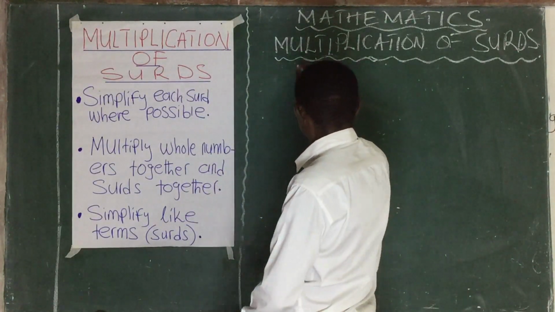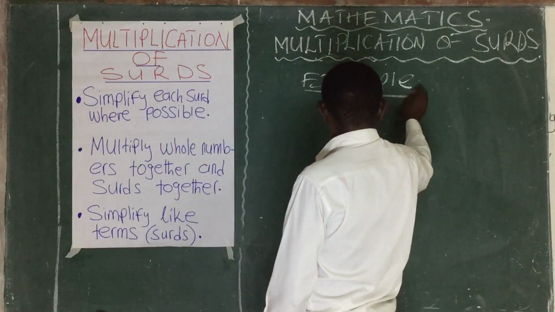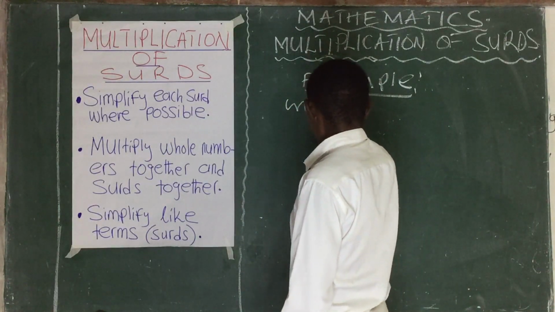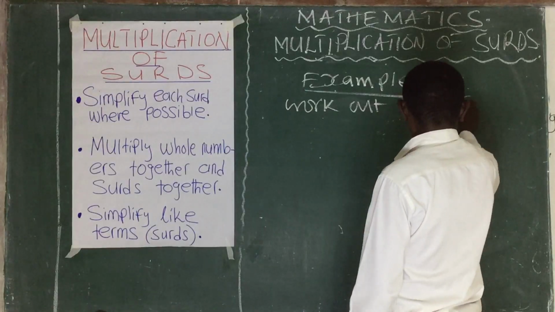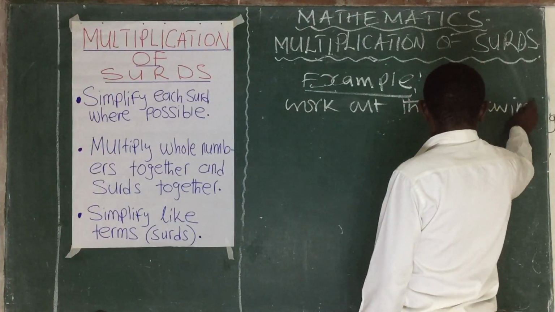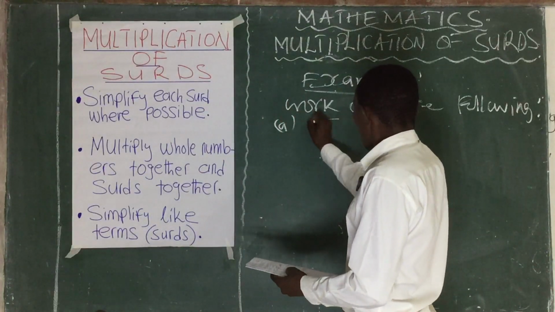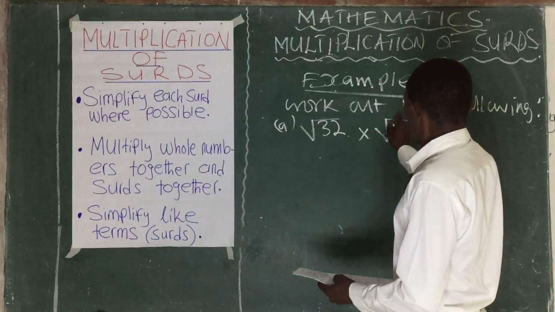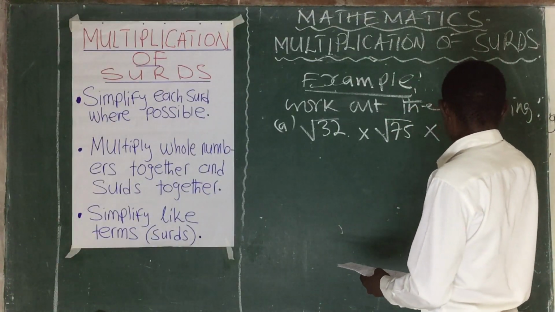For example, you might be asked to work out the following. A: root of 32 multiplied by root of 75, then multiplied by root of 5.